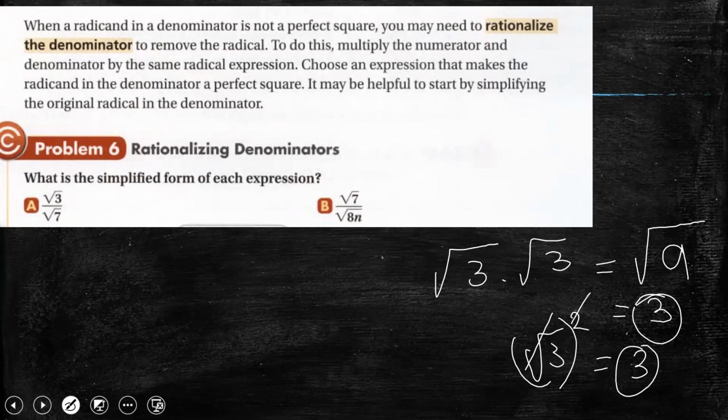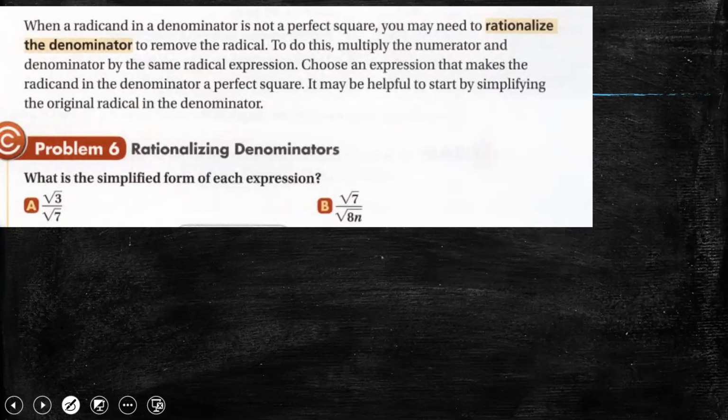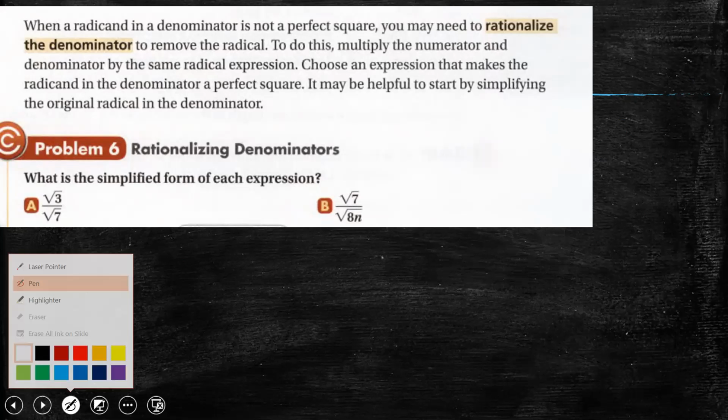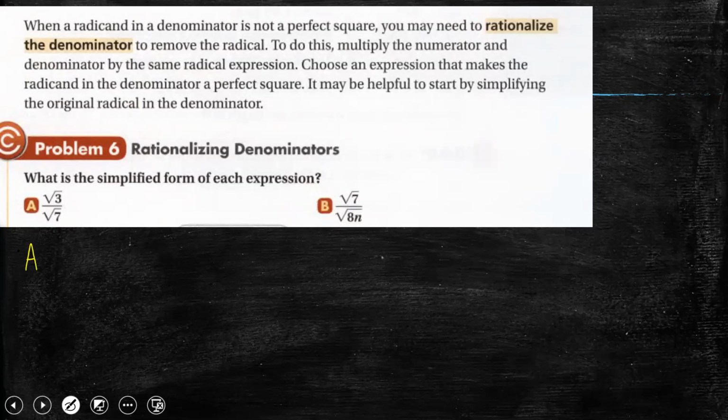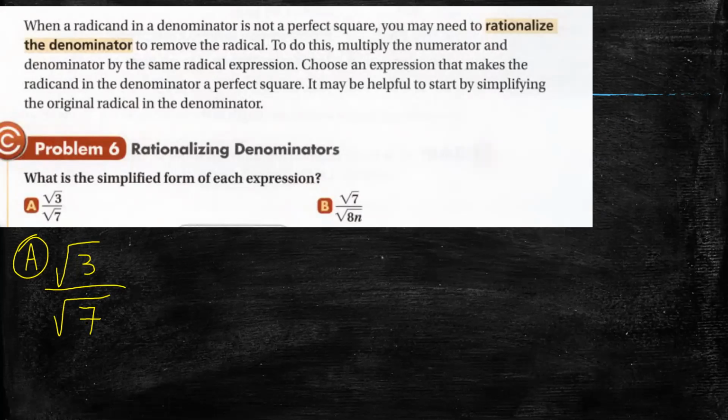Now, let's have this problem, problem 6, to learn how we can rationalize the denominator. You will understand more and more. Let's do A: square root of 3 over square root of 7. The first step, I will look at the denominator. Since the denominator has a square root, I want to use the way we call rationalize the denominator.